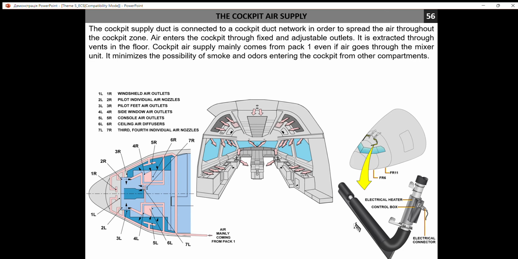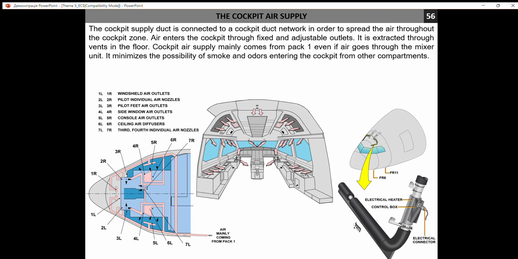What about cockpit air supply? So for the purposes of the flight crew, we need to provide additional functions, not only the temperature control. It is connected also with protective means, protection of the windshields from vapors and from ice formation.